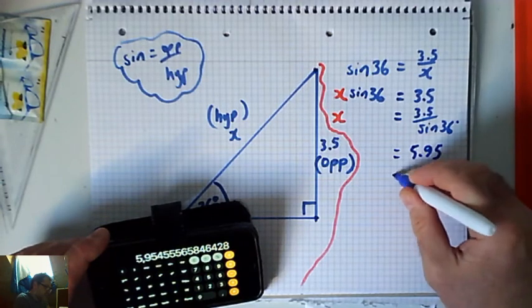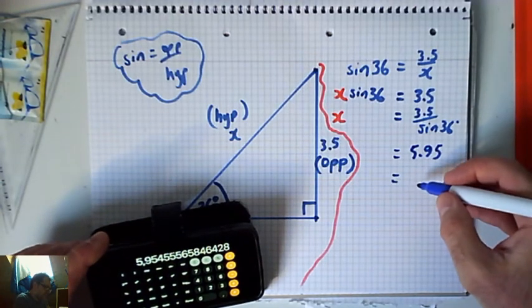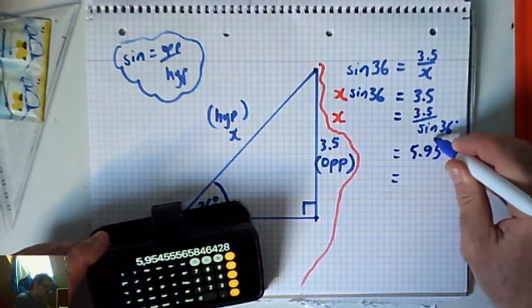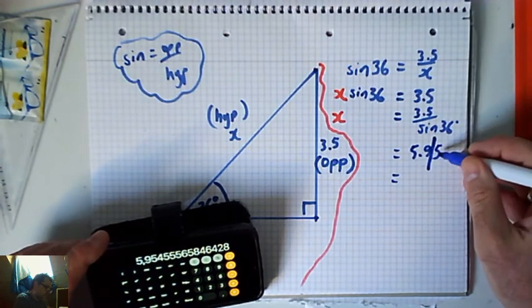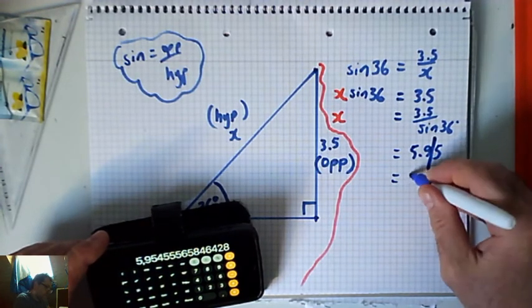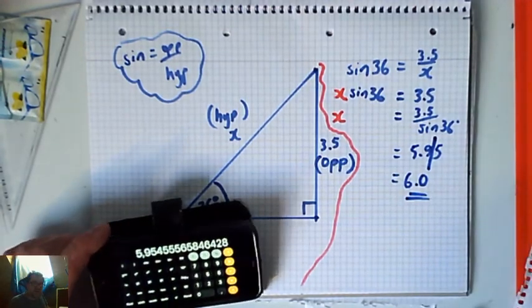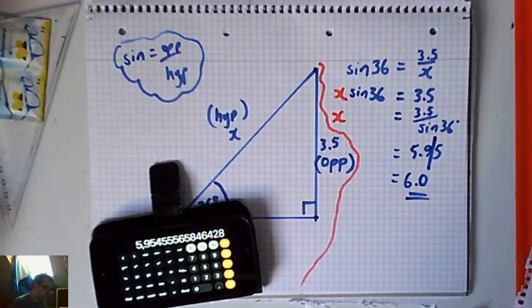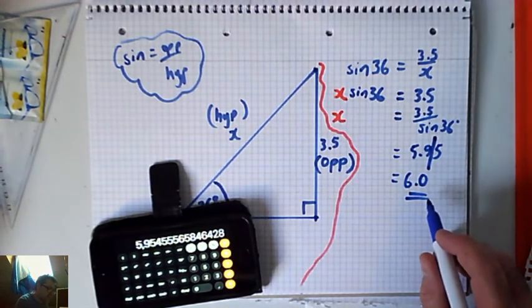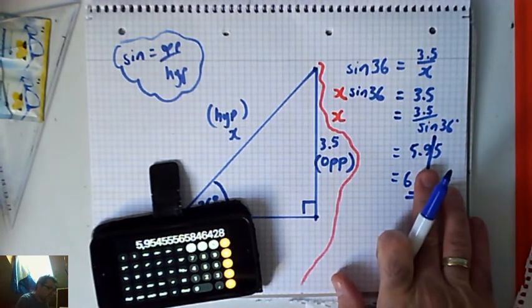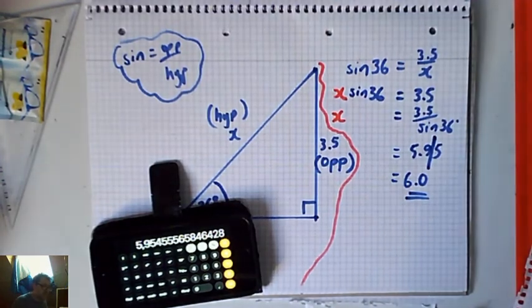5.95. So actually, if I do that to one decimal place, well, 5.9, but the 5 will make it round up to 6.0. And I've got a feeling that iMaths will want me to put in that 0 so that it knows that I haven't just done it to the nearest whole number. Or I could just put it in.